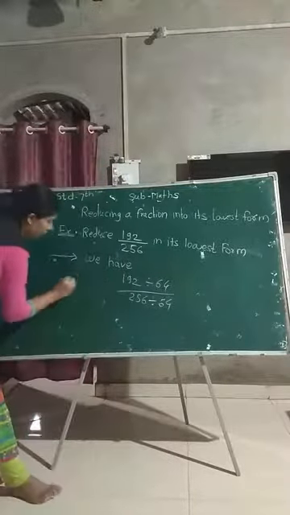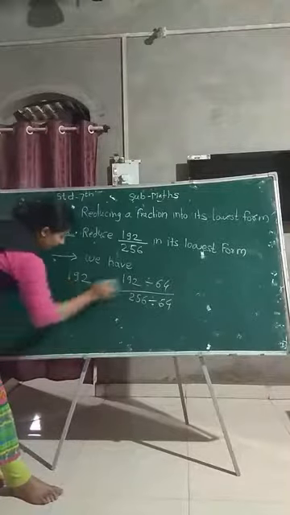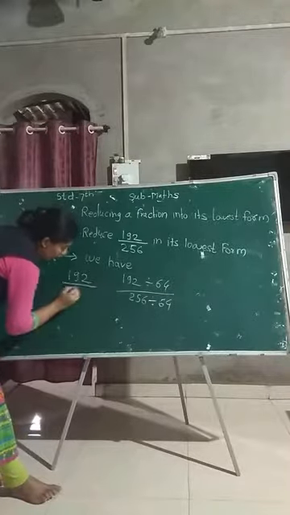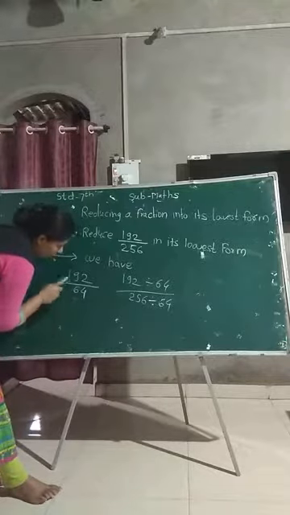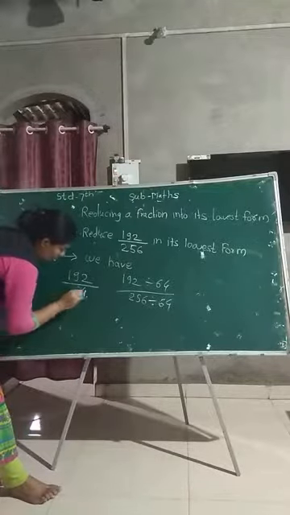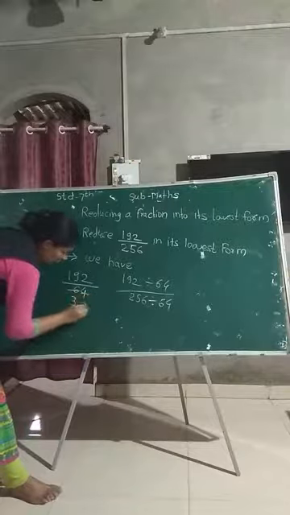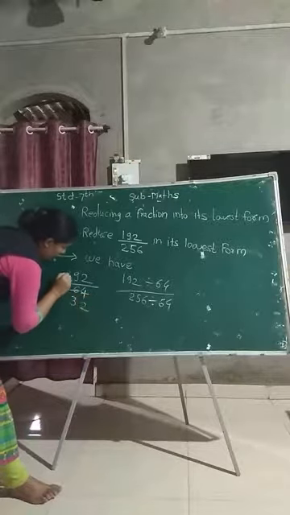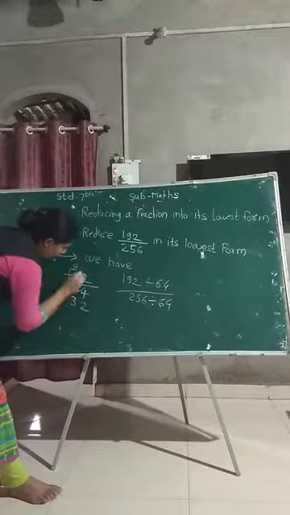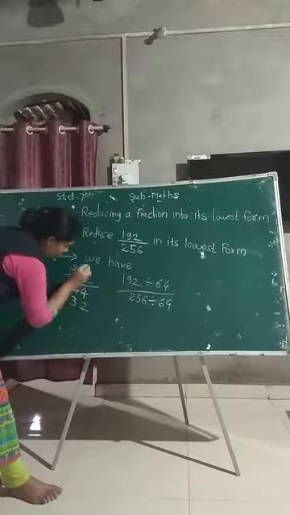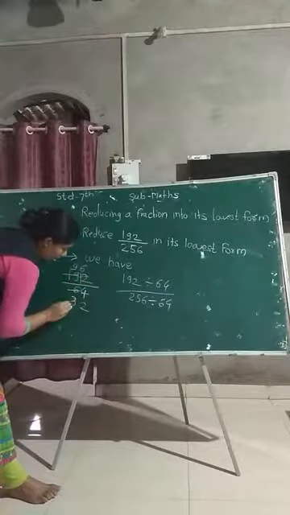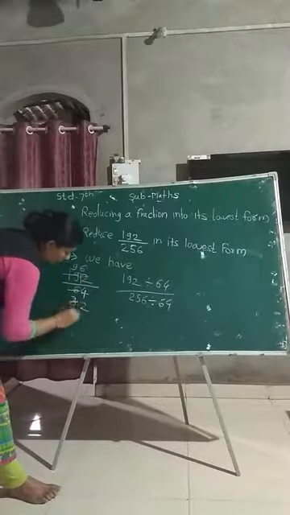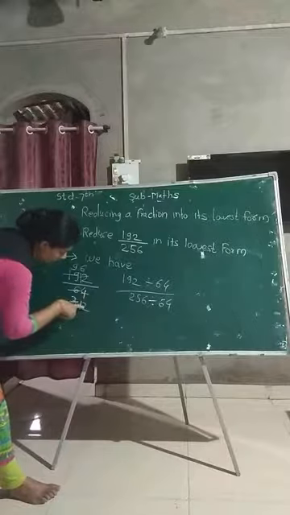First, roughly we do this division. Firstly, we divide these two numbers by 2. 2 3s are 6, 2 2s are 4, 2 9s are 18, 2 6s are 12. Then again we divide by 2. 2 1s are 2, 1 is remaining.